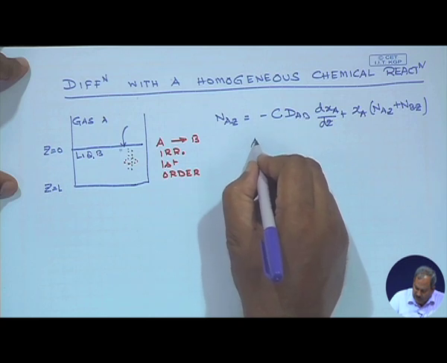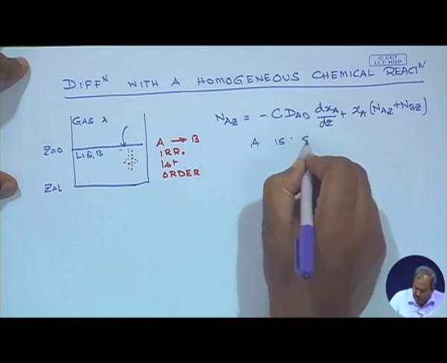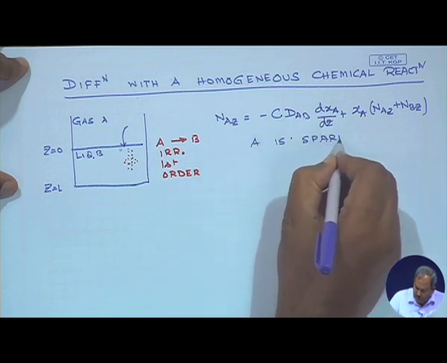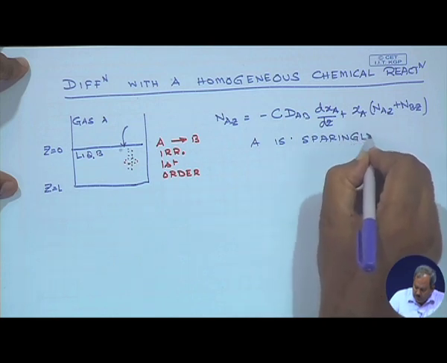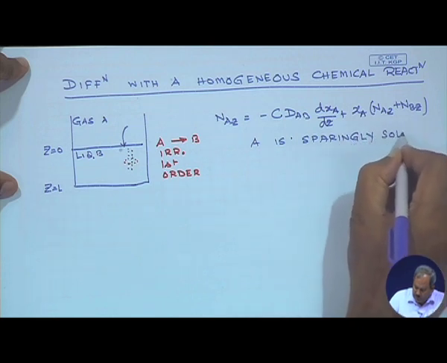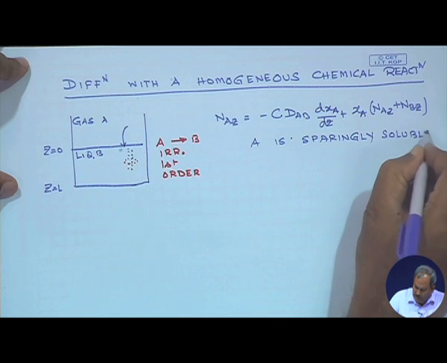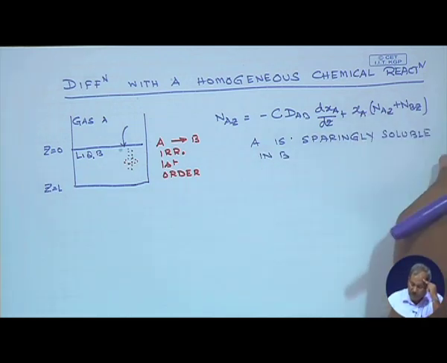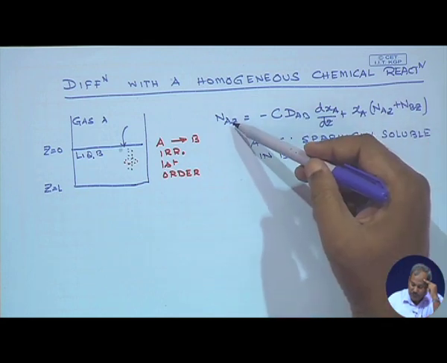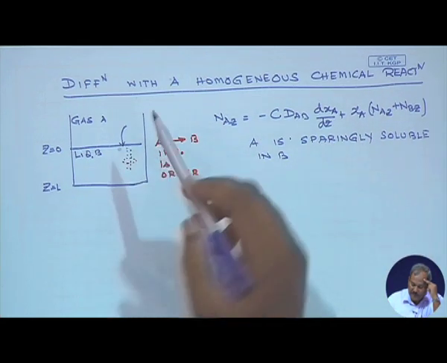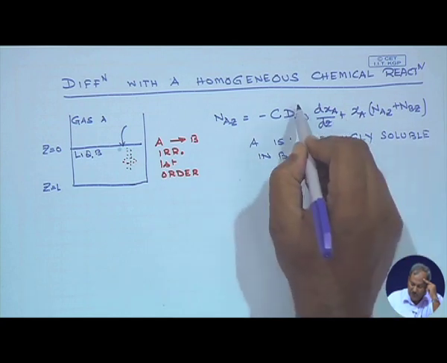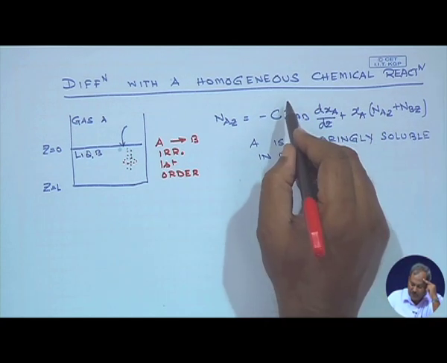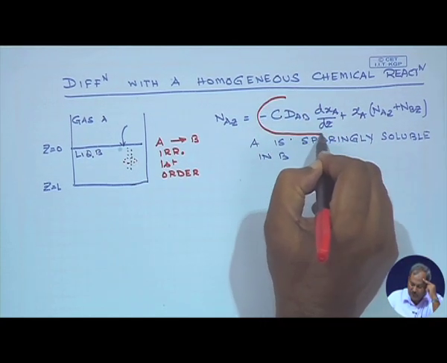Now, if A is sparingly soluble in B, then x_A is going to be very small and the entire motion of A in the Z direction in B is going to be as a result of a diffusive flow.